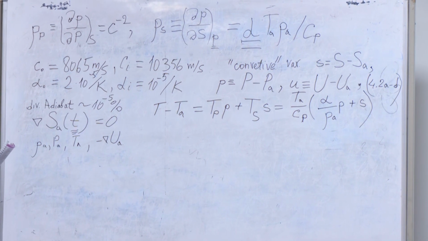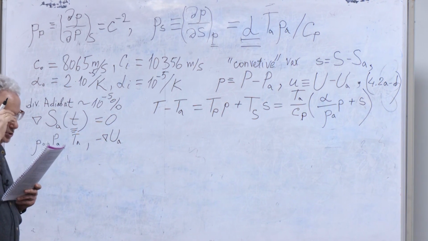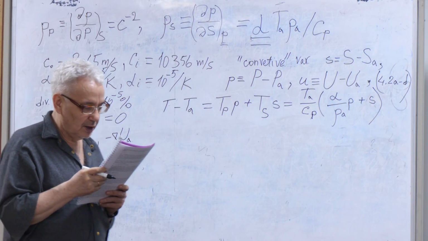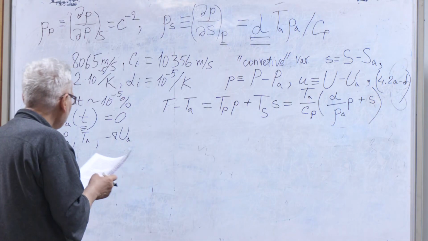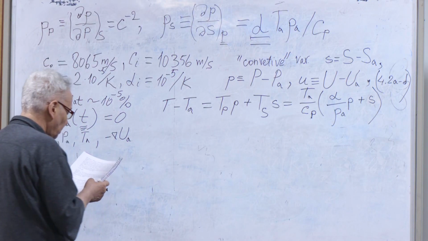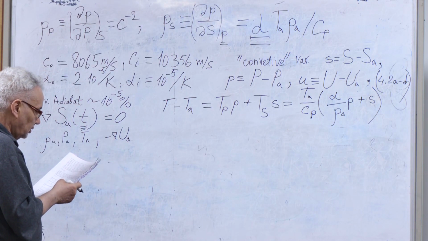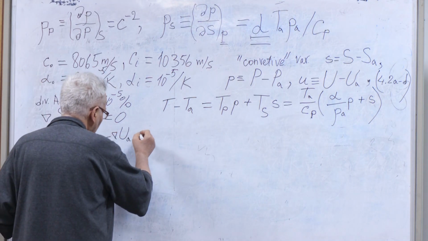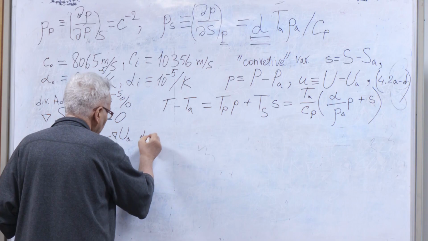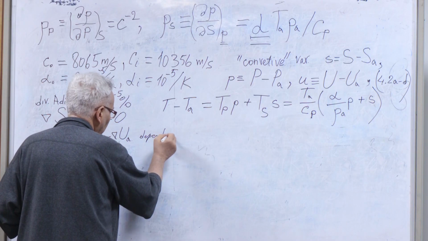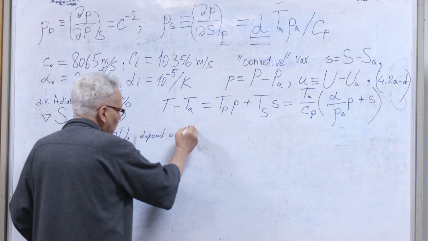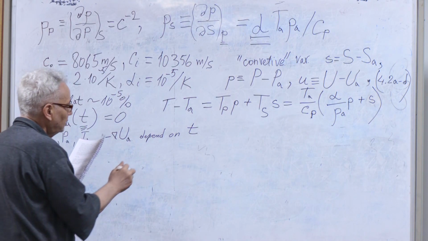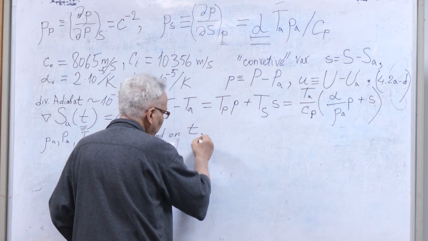All these values depend in general on both time and spherical radius r. It's important to mention that these adiabatic variables I've just listed depend, of course, on time as well, like the adiabatic state, but also on the spherical radius.